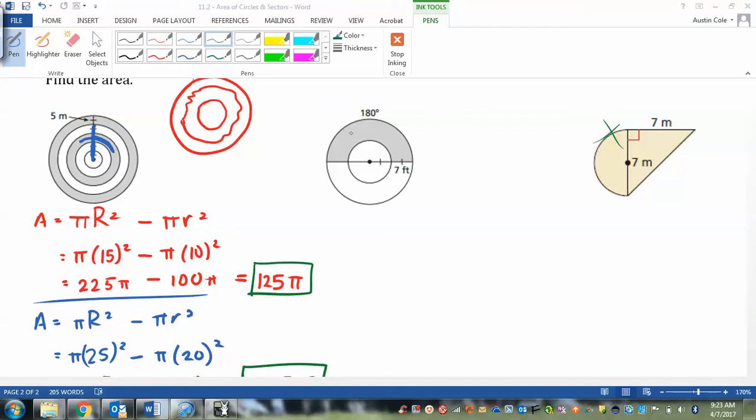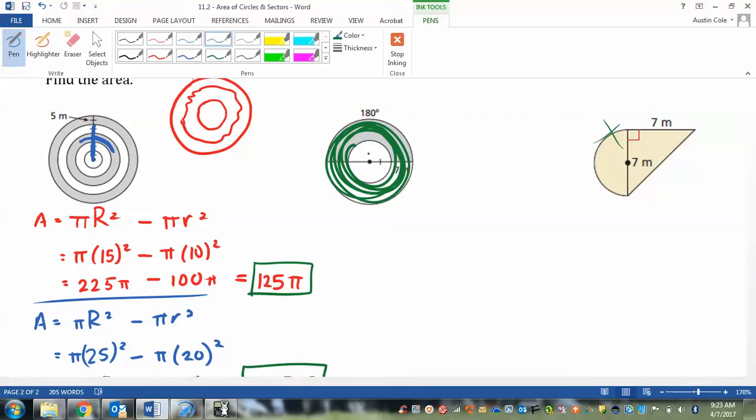Find the area of the entire circle, the entire thing, even that. But then we have to subtract out the part that's not shaded, which is the smaller circle. That's where we get that formula.